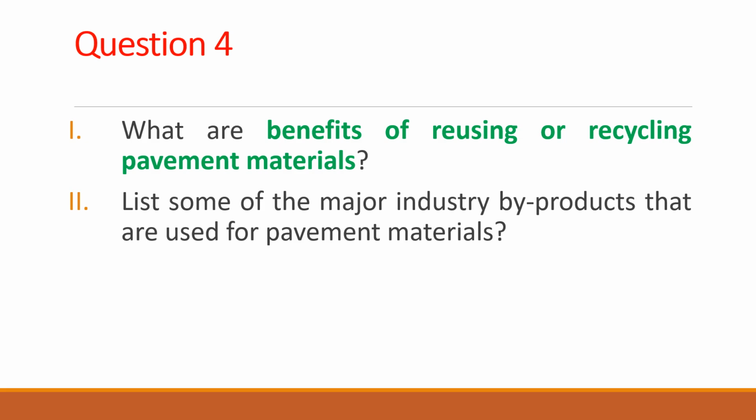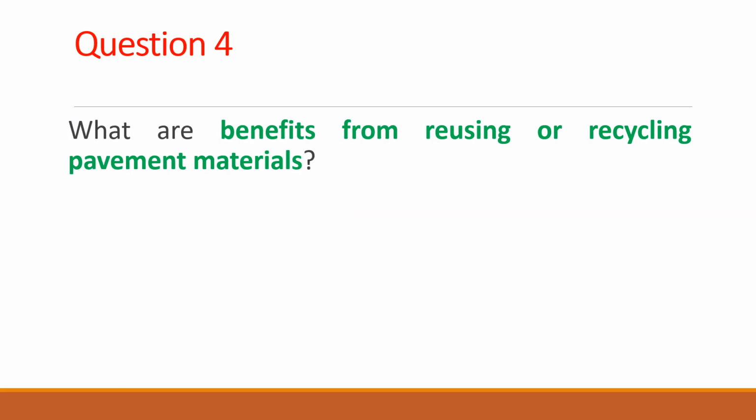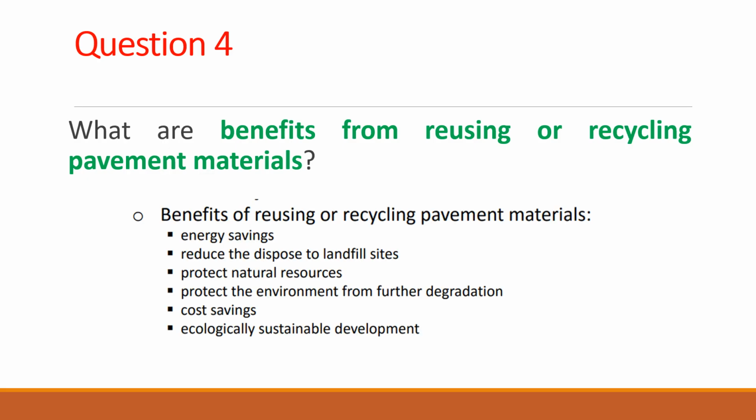So what are the benefits? Energy saving, reduce the disposal to landfill sites, protect natural resources, protect the environment from further degradation, cost savings, ecologically sustainable development. Am I right? Are these right? Yes, yes. Okay.